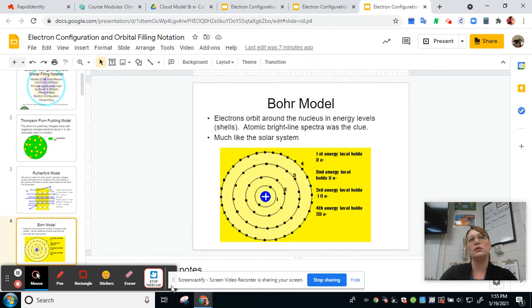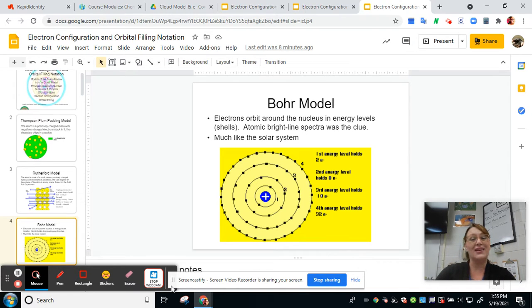You can't really describe larger atoms using the Bohr model. We did a simplified Bohr model where the first energy level could hold 2 electrons and the second energy level could hold 8. And then we said 8 for the third energy level, but we never really went past that.